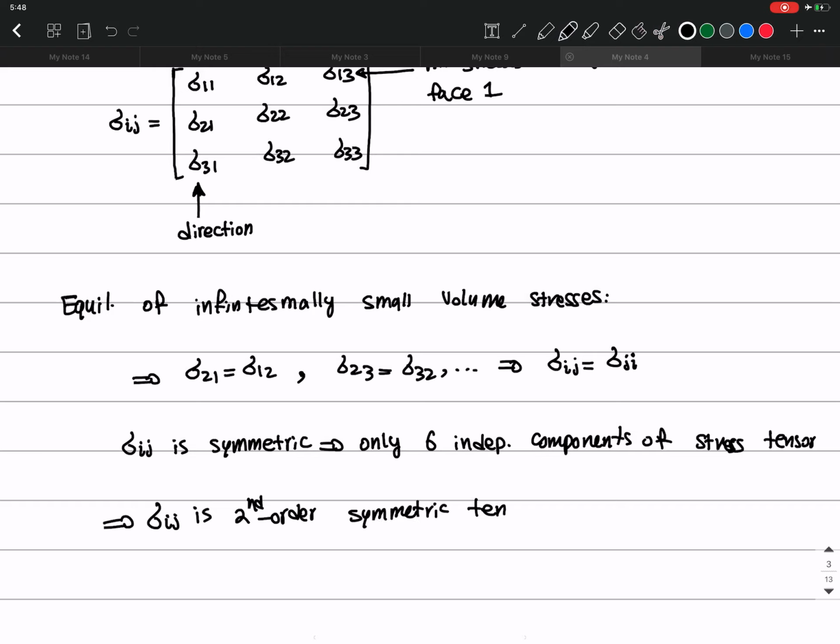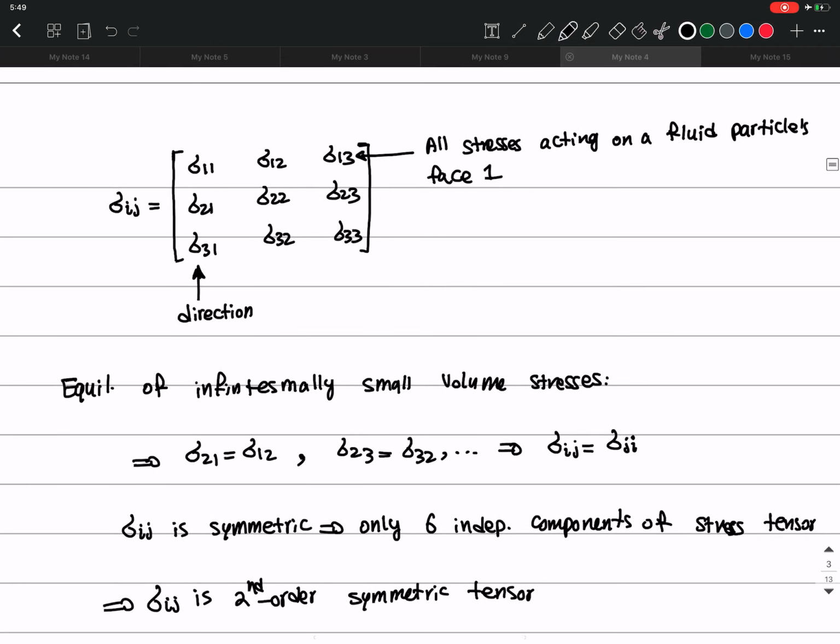And these tensors have some properties that will simplify our equations. Okay? So in the next session, I'm going to show these stresses in a fluid at rest and also in a fluid in motion.